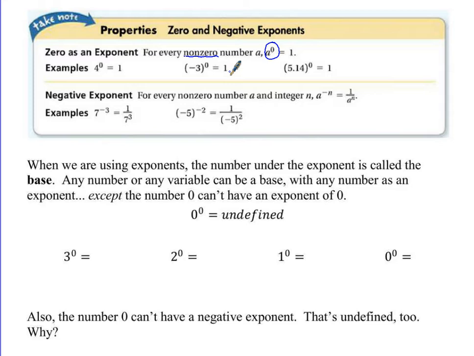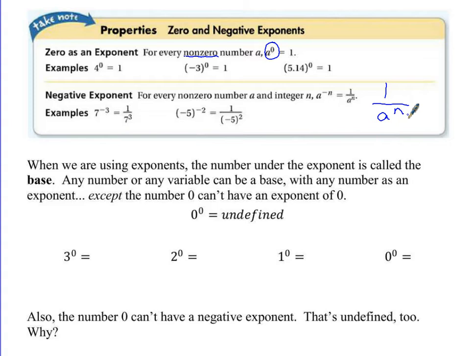Okay, for negative exponents, this is your other rule for this section. For every non-zero number a, so as long as it's anything but 0, something to a power with a negative sign in the exponent has nothing to do with the sign of the answer. The negative exponent just means go 1 over this guy, and then what happened to the exponent?